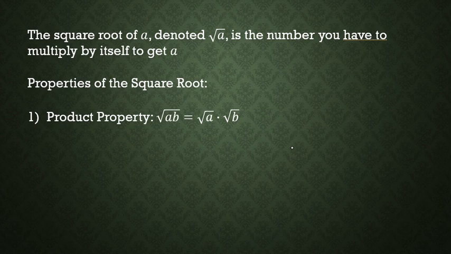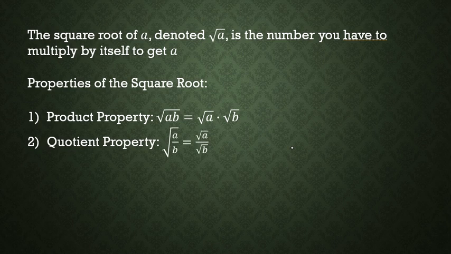The product property says that the square root of the product of two numbers is equal to the product of the square roots of those numbers individually. So whenever you're multiplying two things, you can break them up at the multiplication and take the product of their individual square roots. Similarly, the quotient property: if you're going to take the square root of the quotient of two things, that's equal to the quotient of the square roots.